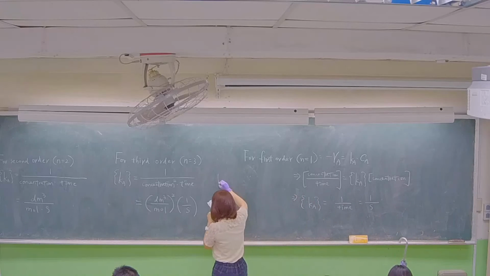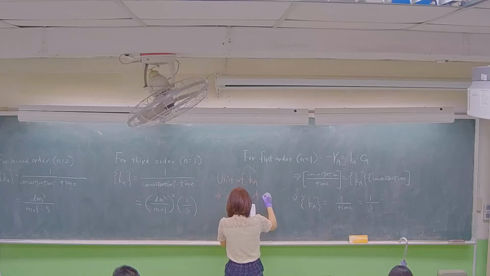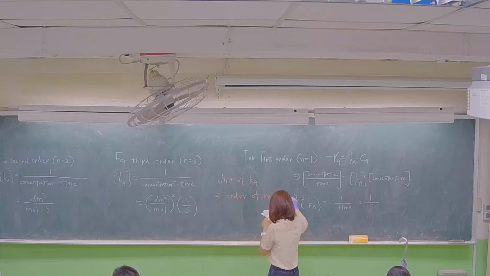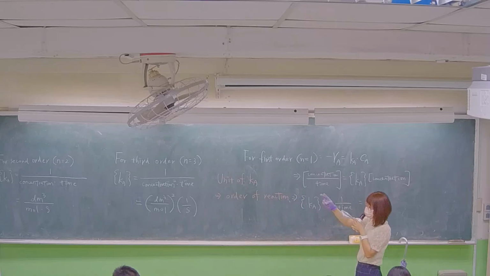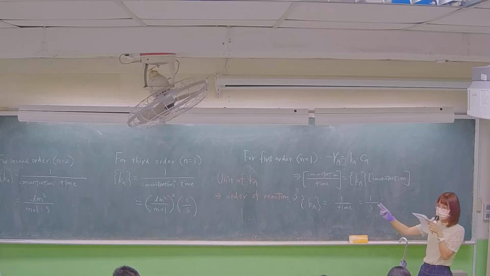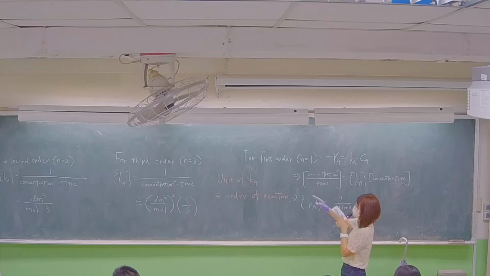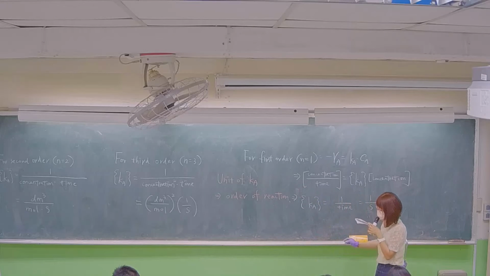You must remember that if somebody gives you the unit of Ka, that means they give you the order of reaction. If you cannot find the order of reaction, please try to find the unit of Ka.